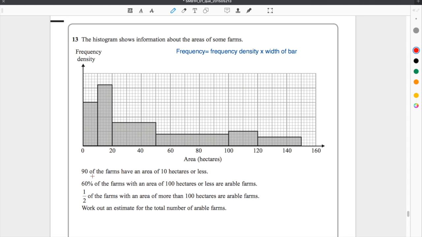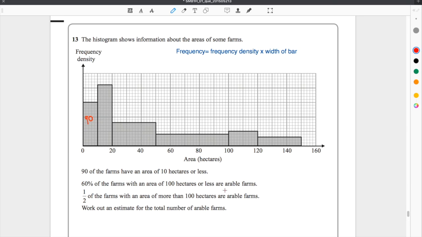There we go. 90 of the farms have an area of 10 hectares or less. So 90 is the number of farms, that's a frequency, with an area of 10 hectares or less. 10 hectares on this diagram is less than here. So it's this bar here we're looking at. And the area of the bar is the frequency. So the frequency is 90.